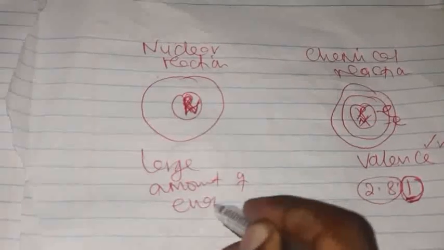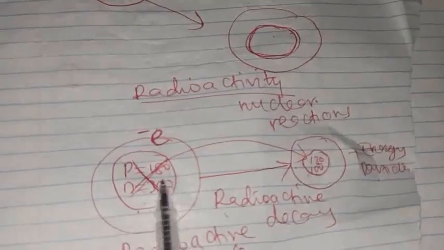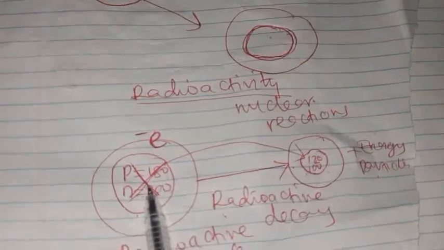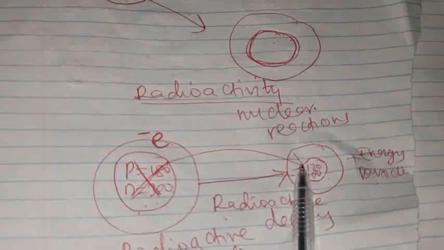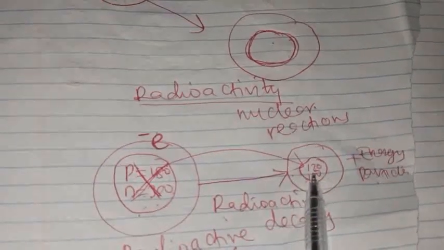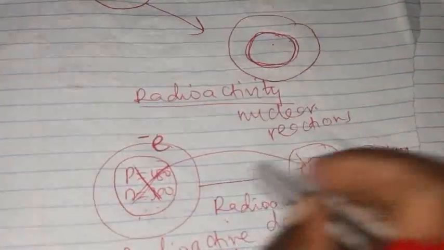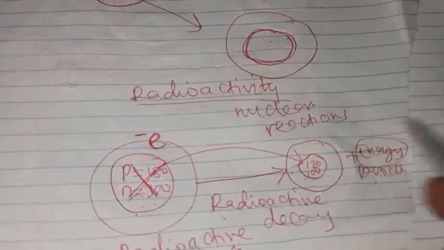The second difference: a nuclear reaction can release a large amount of energy. Just try to imagine, an atom is very large and unstable, and it ends up disintegrating or breaking down to form another atom or another nucleus. There must be the release of a large amount of energy.